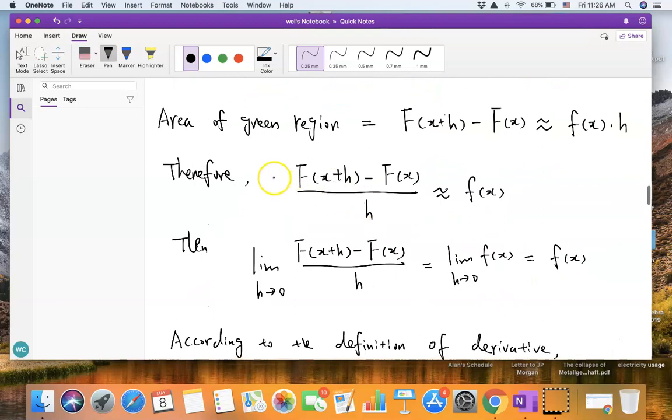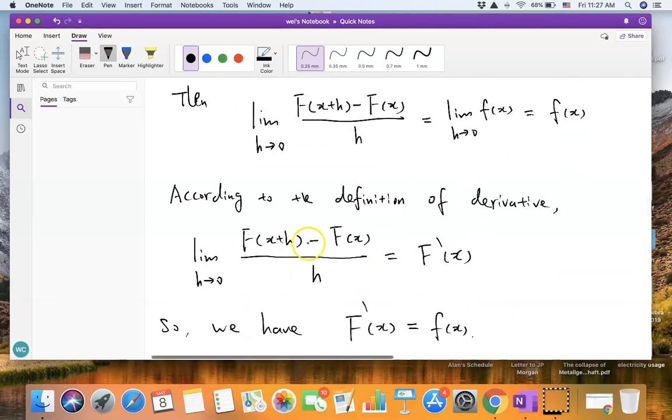Okay. Now, if we take the limit on both sides as h approaches 0, according to the definition of derivative, the limit of this quotient as h approaches 0, we can write as F prime of x, right?